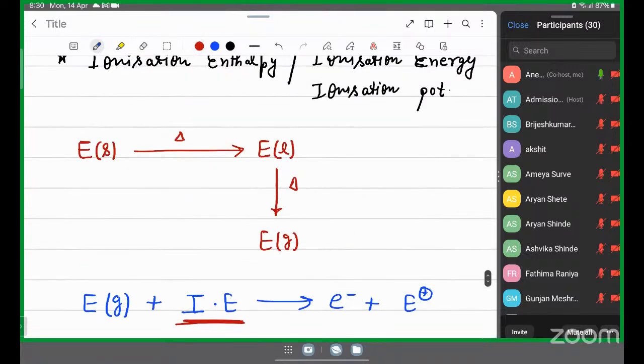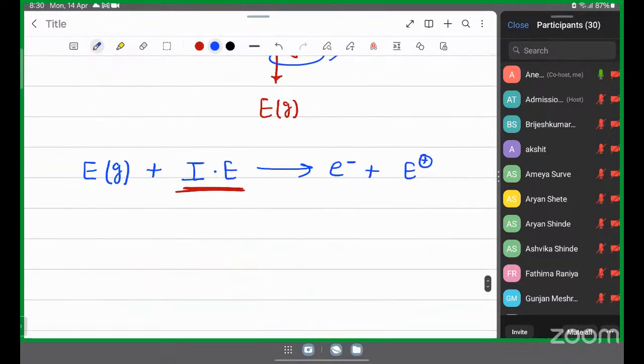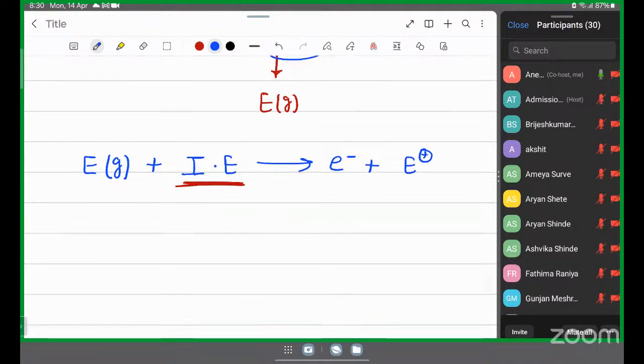Remember, we are giving continuous energy here and here also. This energy is not counting ionization energy or ionization enthalpy. These two energies are different energy, right? So first of all, we will have atoms in gaseous phase and then we have to supply certain amount of energy which will convert it into ion by losing one electron.